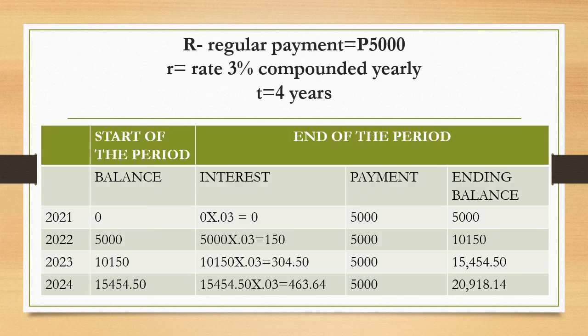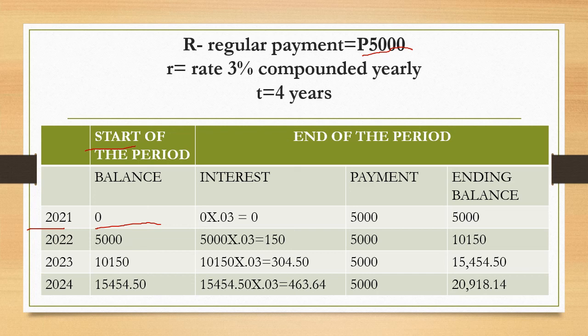Let us try to analyze or illustrate first how ordinary annuity works. In the case of John Mark, he's paying 5,000 at the end of each year. For example, in year 2021, at the beginning or the start of 2021, John Mark still has no balance because he's still about to pay 5,000 at the end of year 2021.